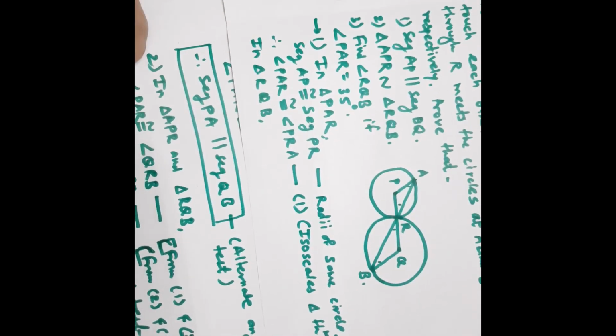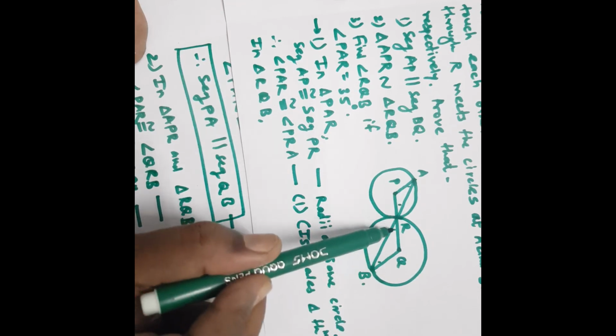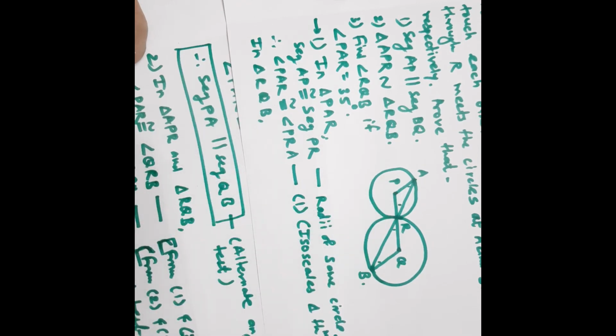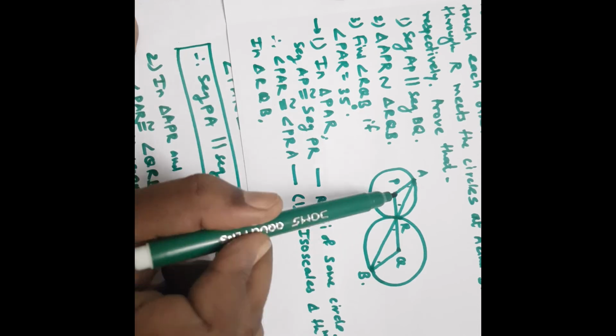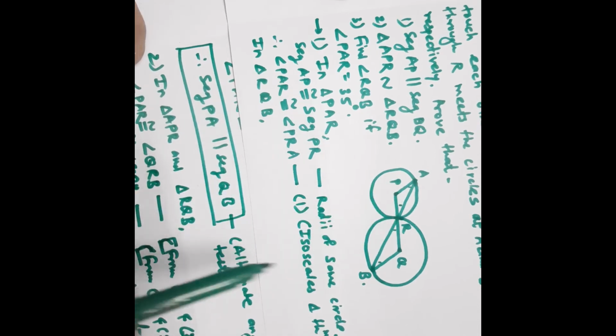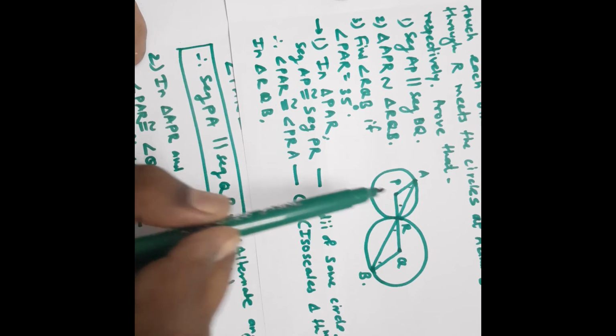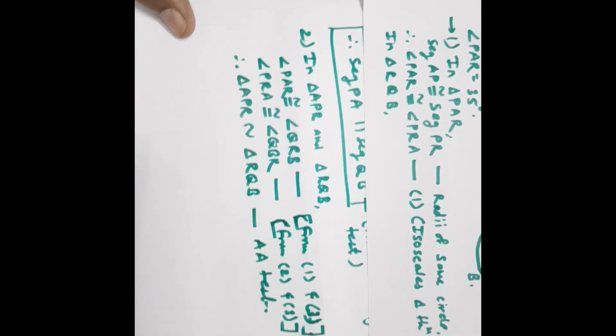See in the figure, angle PAR is congruent to angle QRB and angle PRA is congruent to angle QBR. Therefore, the two triangles are similar by the AA test.